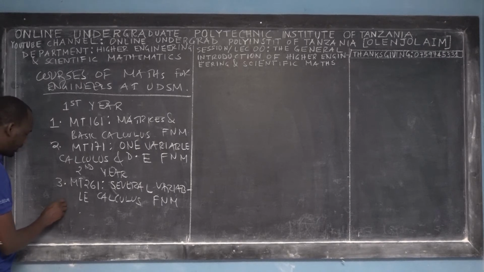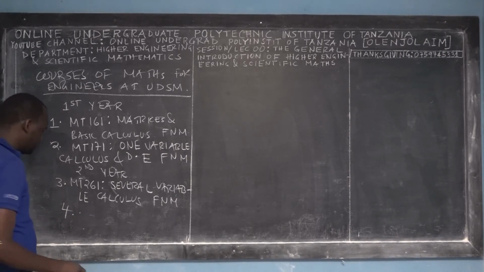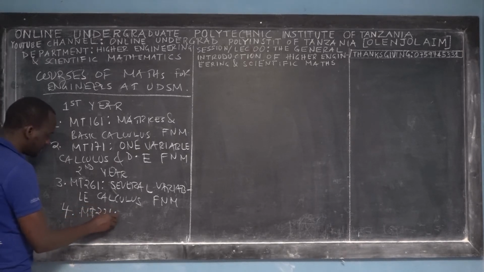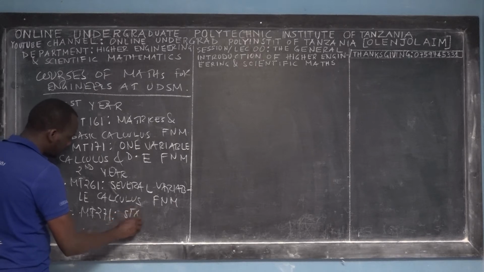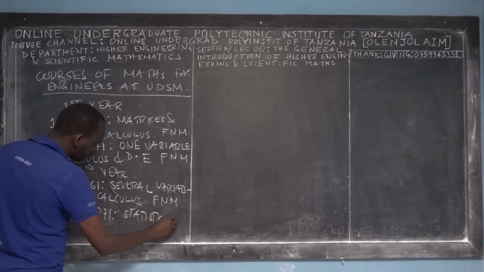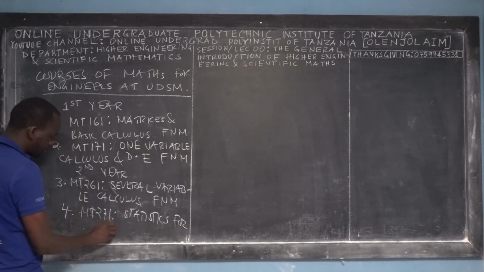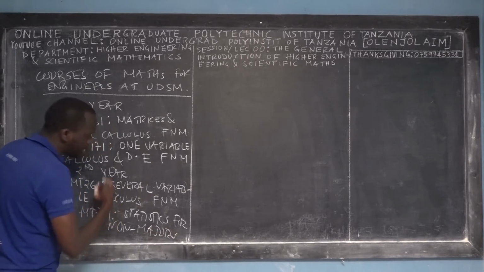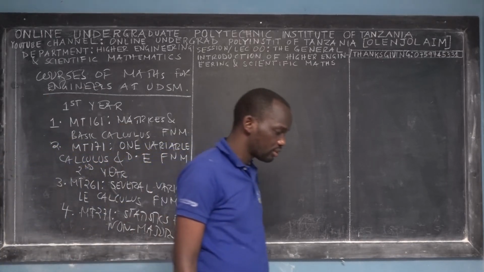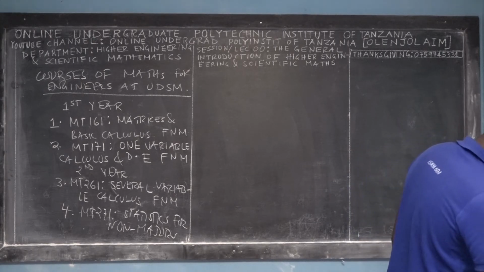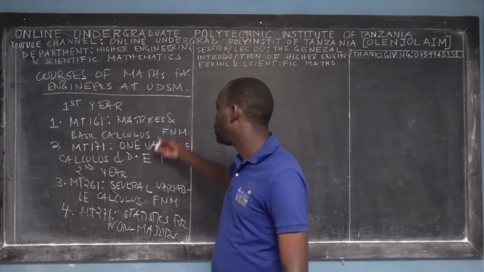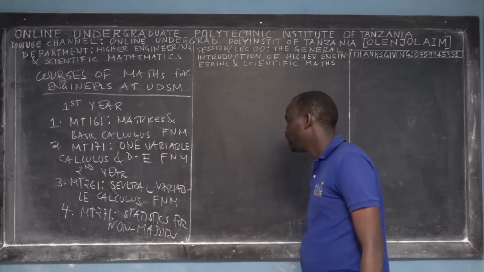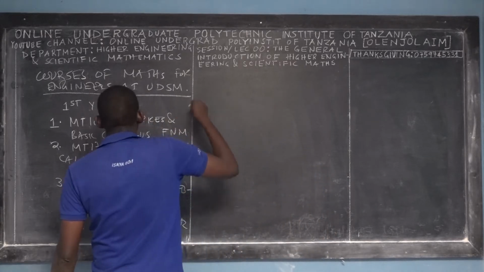And then for the second semester, I will teach you MT 271, which is called statistics for non-measure. The good news is you will get all the materials. I will teach you concepts and tutorials, and we are going to solve tutorials in all of these 4 courses. So stay connected because I will take you step by step in each of those courses.